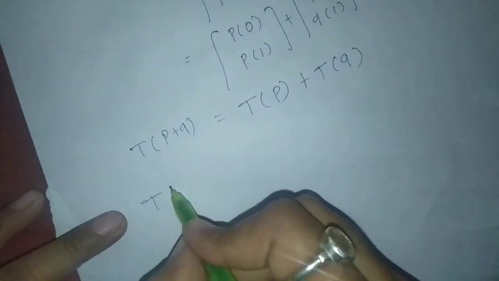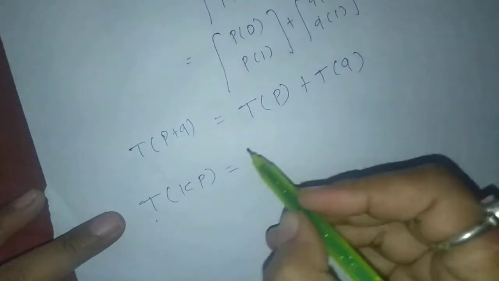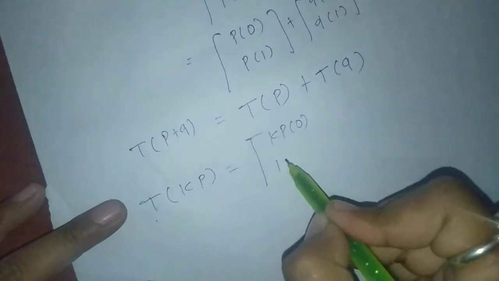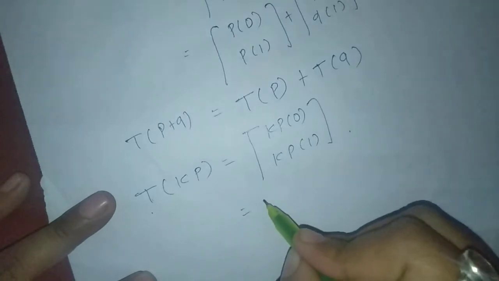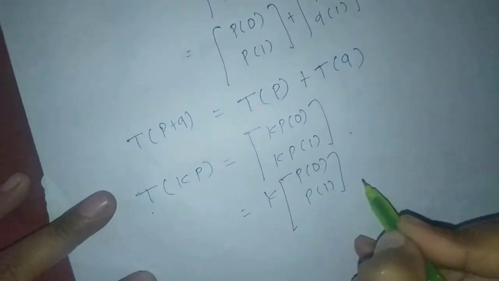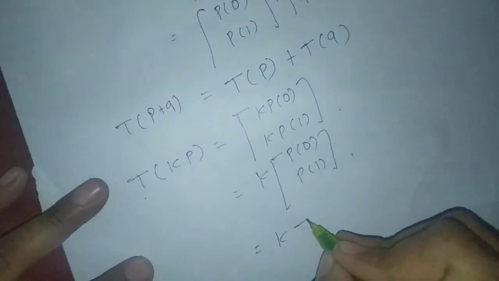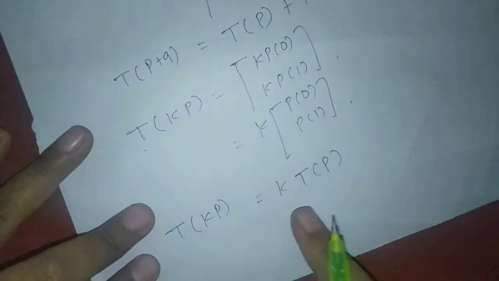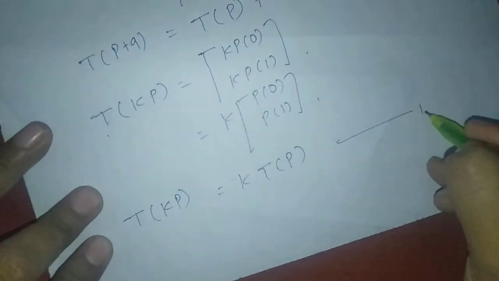Now calculate T of K times P, where K is a scalar and P belongs to P2. By definition of T, we get (KP of 0, KP of 1). Now take K common, and the remaining terms are (P of 0, P of 1), so K times (P of 0, P of 1) is K times T of P. Here we get T of K P equal to K times T of P. Call these equation 1 and equation 2.